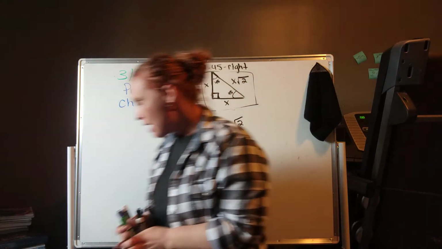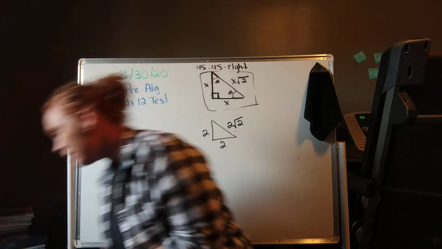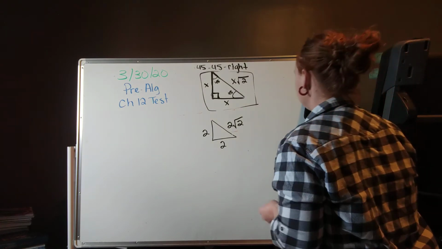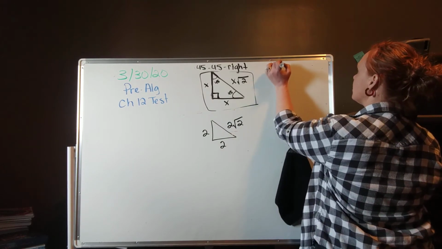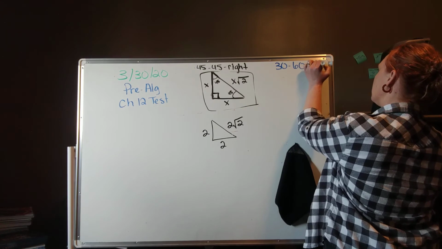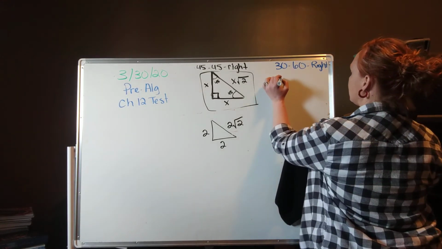The other kind of special right triangle is a 30-60 right triangle. Let me do it over here. I would call it a 30-60-90 triangle, because we know that this one is 90 degrees.